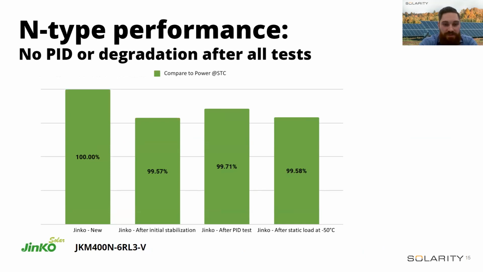After the initial stabilization it lost 0.5%, then there was some regeneration, and after the PID test only 0.3% loss, and after the static load, where they simulated the snow with minus 50 degrees Celsius, also 0.5% of losses compared to the new one.